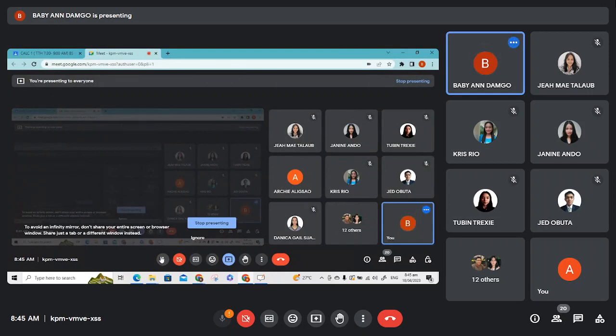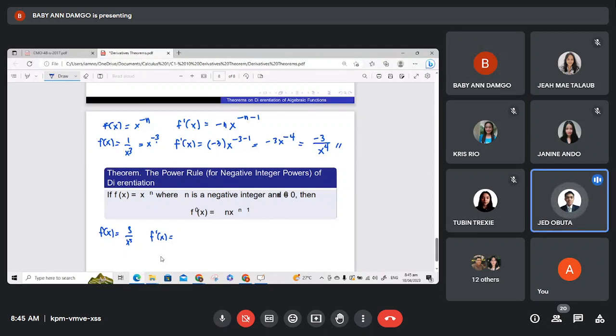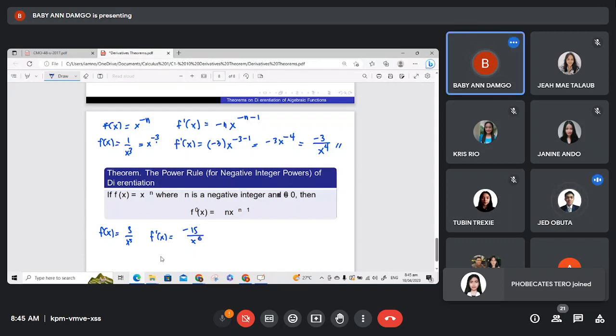Okay, so what is the derivative, class? Negative 15 over x to the power of 6. Okay, let us solve it. We transform it into a negative exponent, so this is 3 times x to the negative 5.